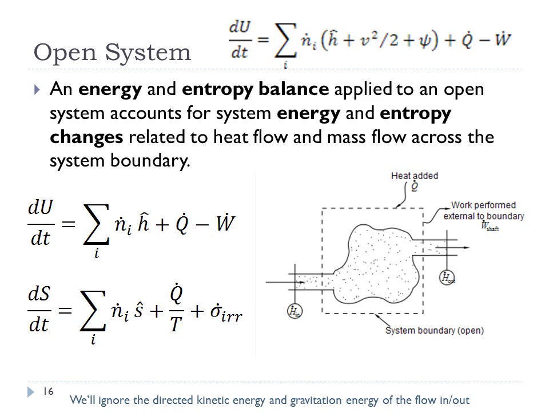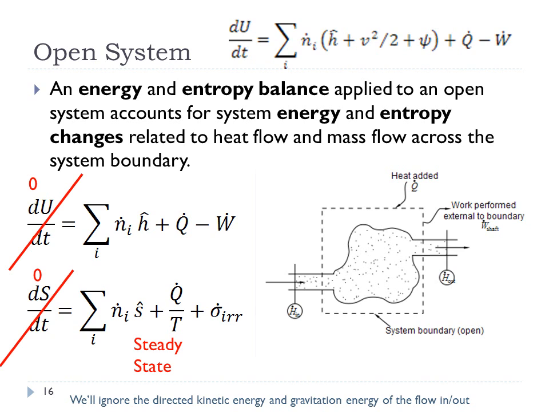But all the other terms in that equation, like dS/dt, s hat, or n dot times s hat, can be positive or negative. Q dot over T can be positive or negative depending on if it's entering or leaving the system. But what has to be true in order to not violate the second law of thermodynamics is that sigma dot irreversible is greater than or equal to zero.